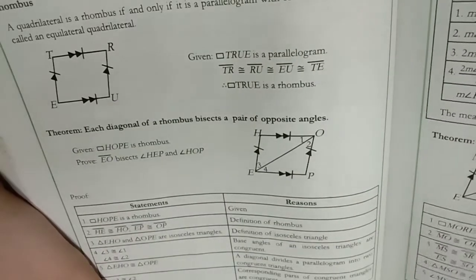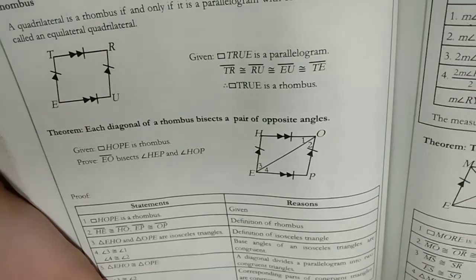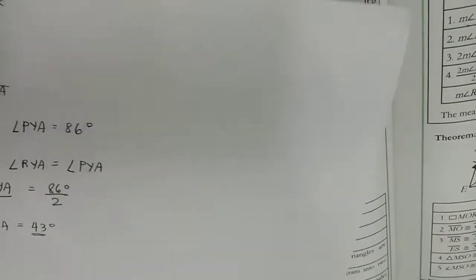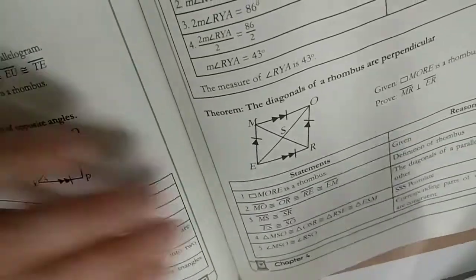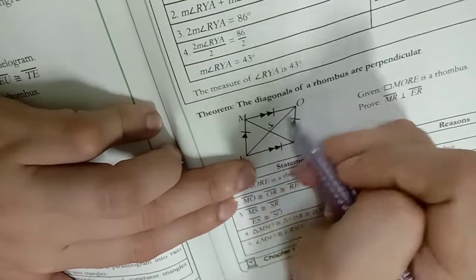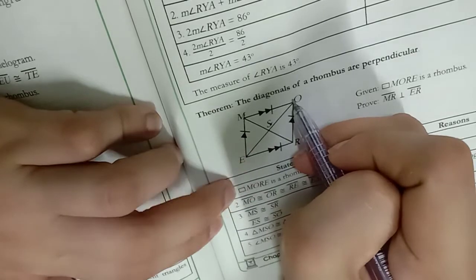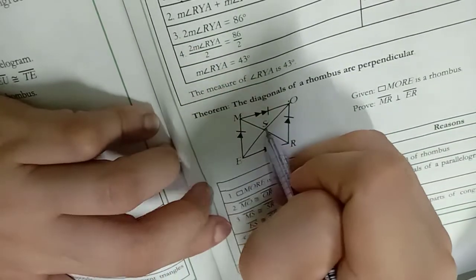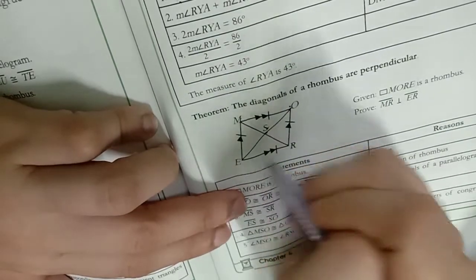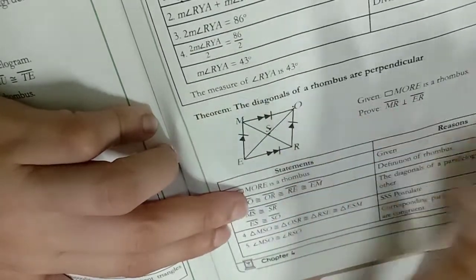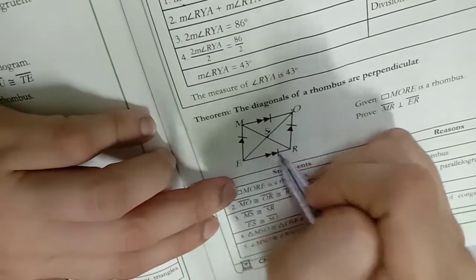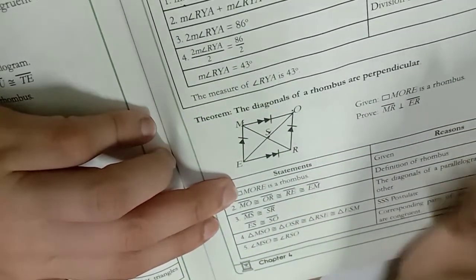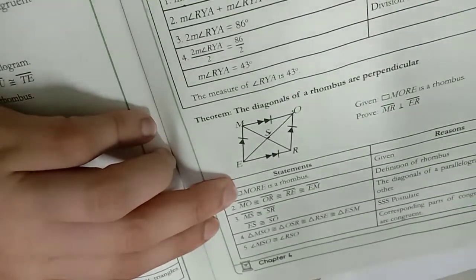So, ayun lang naman yung sinasabi dito sa diagonals of a rhombus. So, ito daw pong MSO ay katumbas ng measure ni ROS. Okay? Same measure as ERS, ESM. Ganun lang po. So, pag kinumbine po natin si MSO plus ROS, katumbas po nun ay 180.